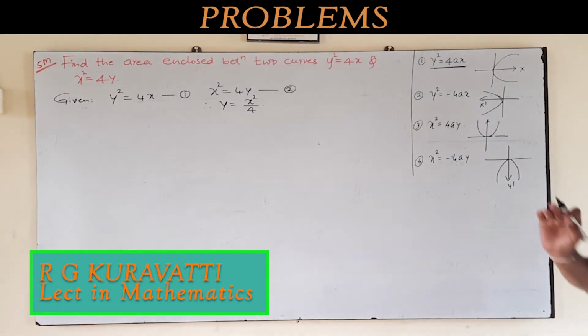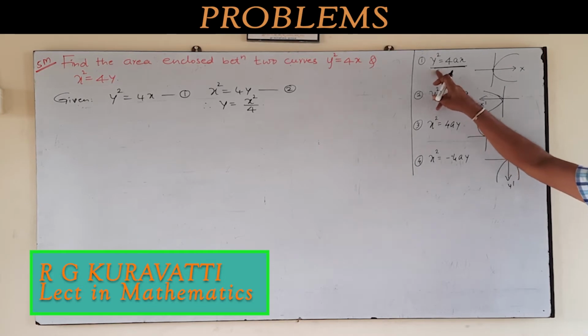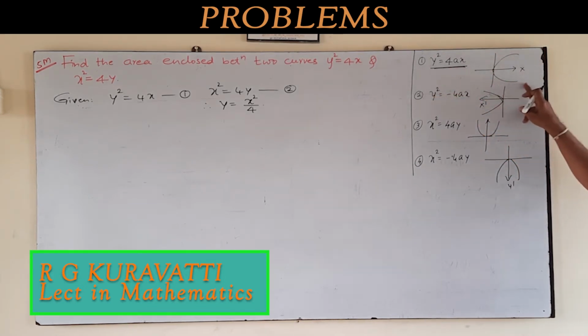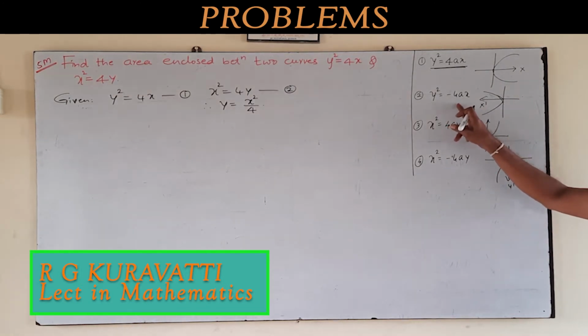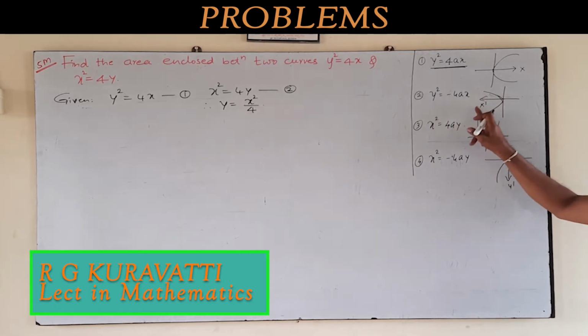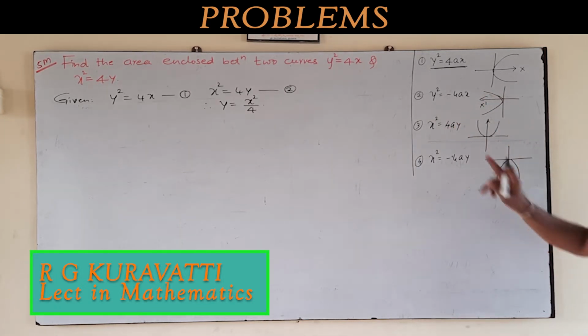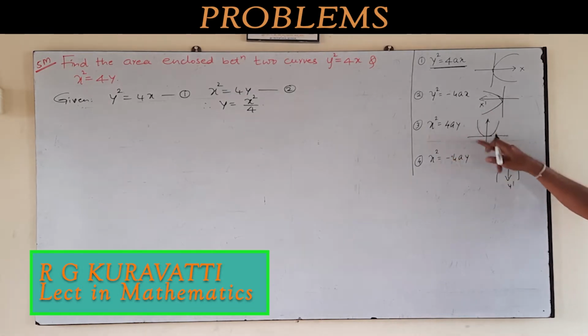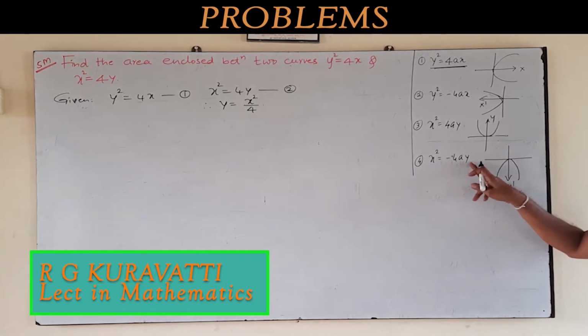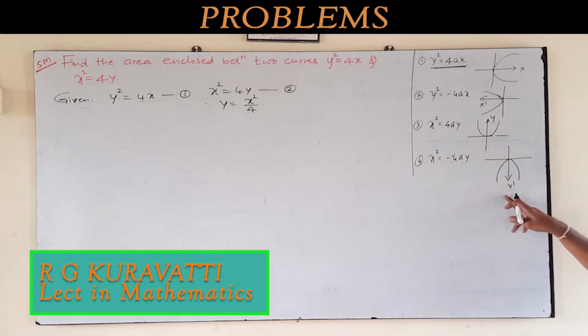First, y square is equal to 4ax: the curve lies on the positive direction of the x-axis. Y square is equal to minus 4ax: the curve lies on the negative direction of the x-axis. X square is equal to 4ay: the curve lies on the positive direction of the y-axis. And x square is equal to minus 4ay: the curve lies on the negative direction of the y-axis.